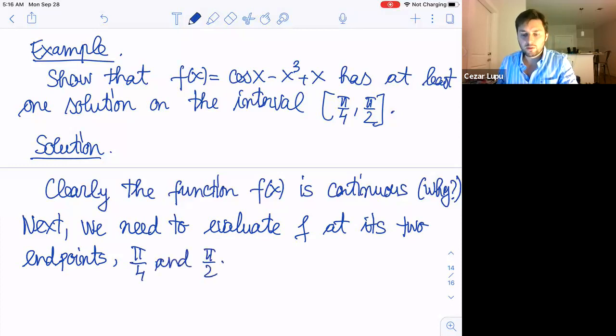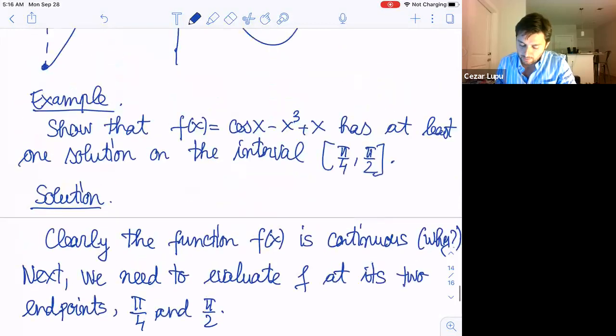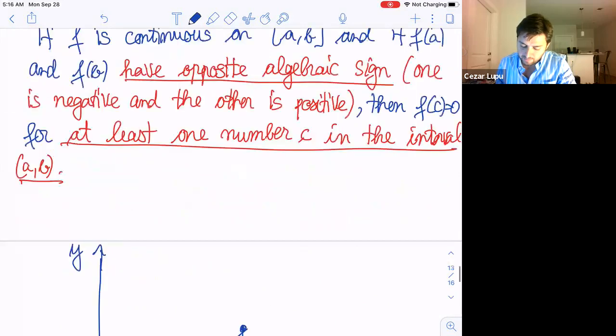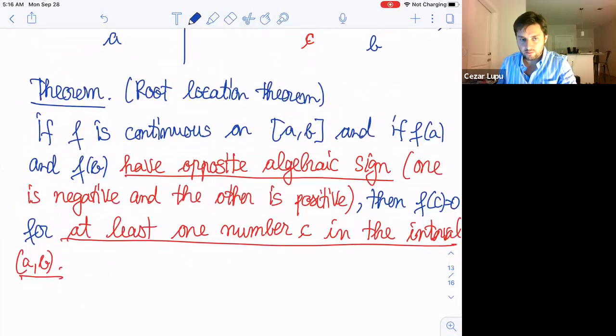And what we need to do is show that f of pi over 4 and f of pi over 2 have opposite signs, right? Because keep in mind, look at the theorem again. We want to apply the root location theorem. So look here, it is underlined in red even. So they have opposite signs. So one of them is negative and the other one is positive. So if this happens, then we will have a root between those two numbers.